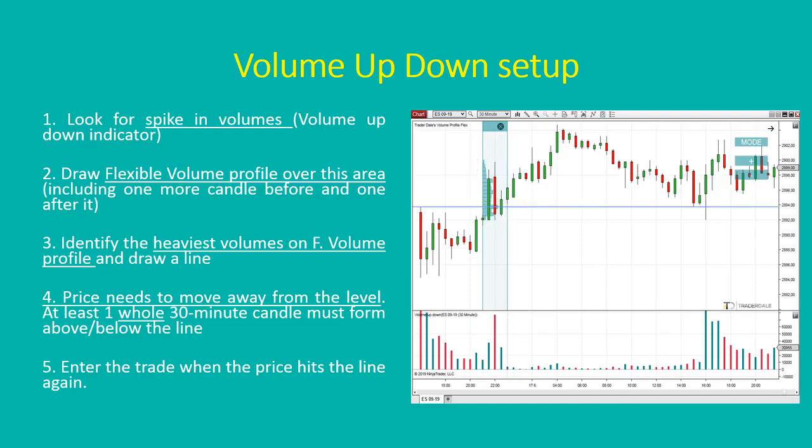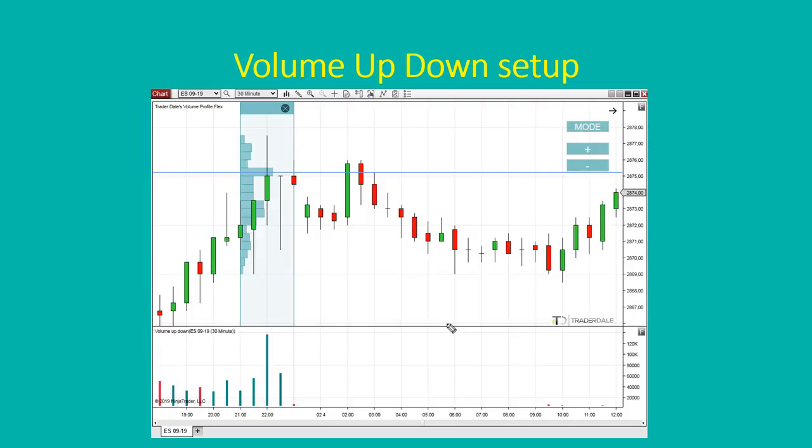Let me show you one more example. So in here, you see unusually big volumes, a volume spike, those 3 big candles. So you draw the flexible profile over this area, including those 2 candles around, those 2 small candles. Alright, so this is the place where you draw the flexible profile.